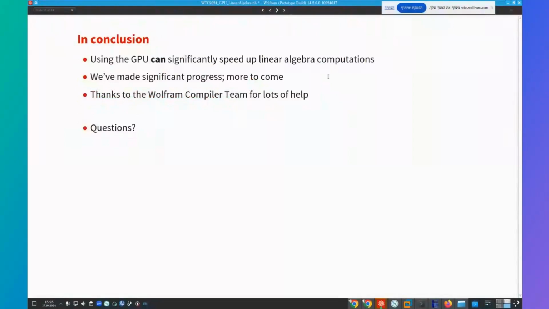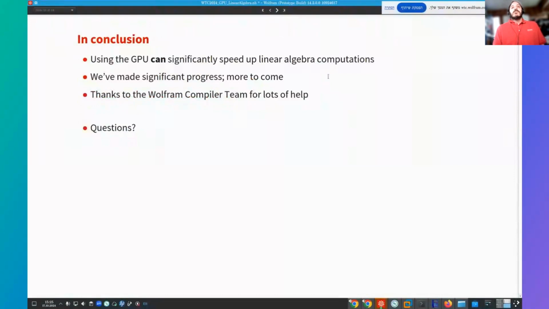Right, so I see there's one question. Is a list of GPU arrays that are currently supported available somewhere? I don't think we have an explicit list, but certainly any reasonably modern GPU, say 5 years old or less, should be supported.